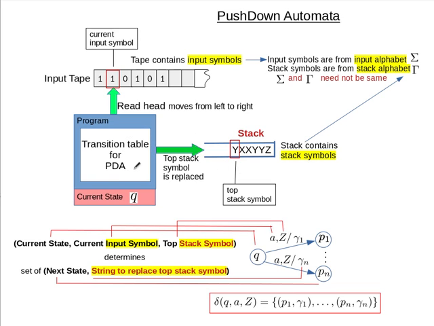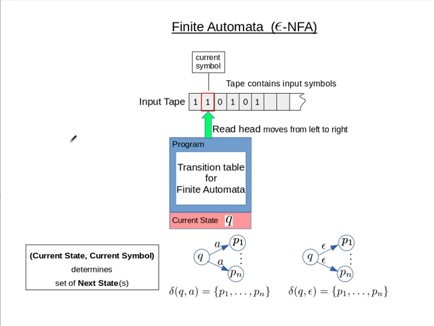So what does a transition look like? I'm just going back to the finite automata case. The transition diagram there depicted the fact that depending on the current state and the current input symbol, you are just changing the state from here to here, right?